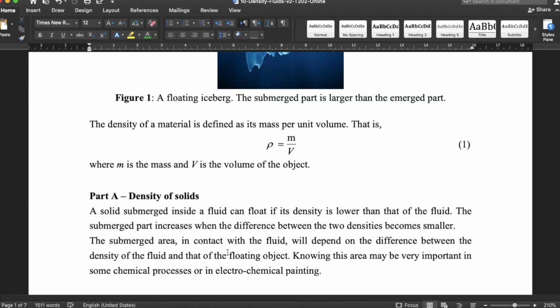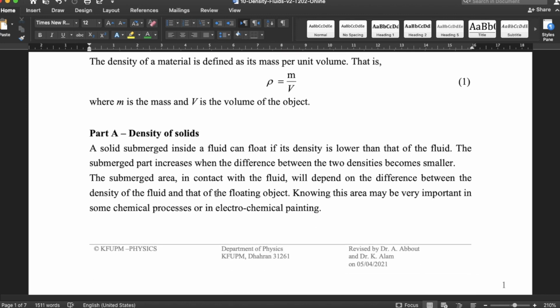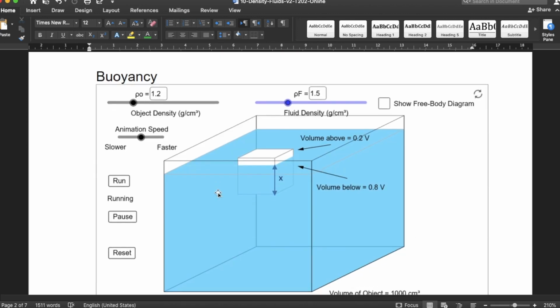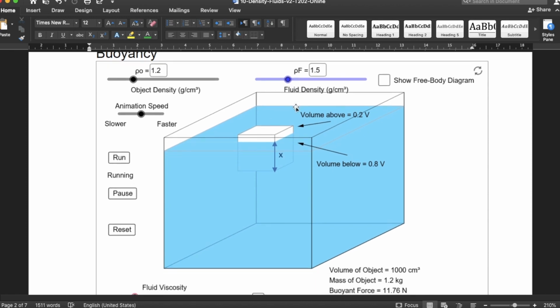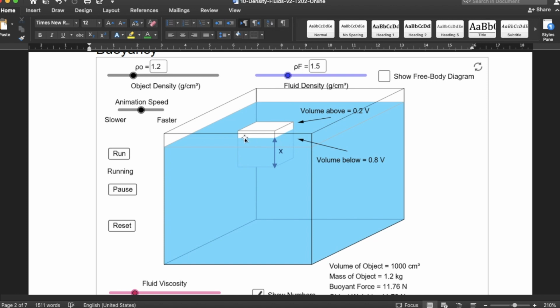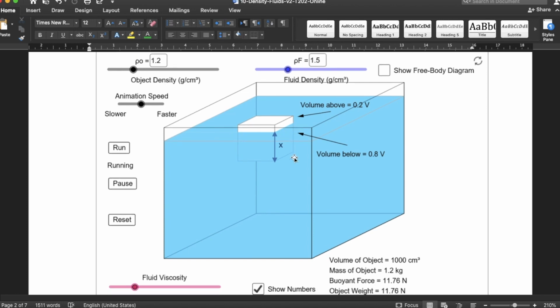using part A. So in part A, we'll determine the density of a solid floating on fluids with various densities. So recall that for a floating object, it will be at equilibrium if the weight of the object equals the buoyant force that acts on the object from the fluid.